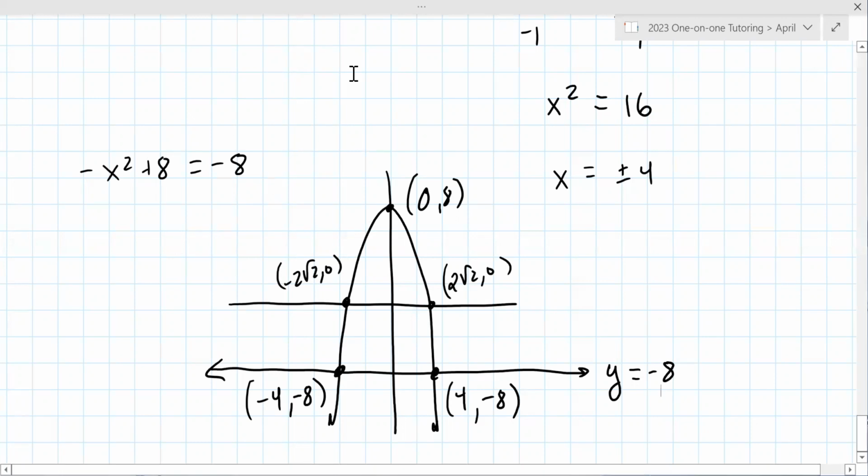Okay, now we can do part D. Solve the inequality part. Yes, and it comes from the graph.